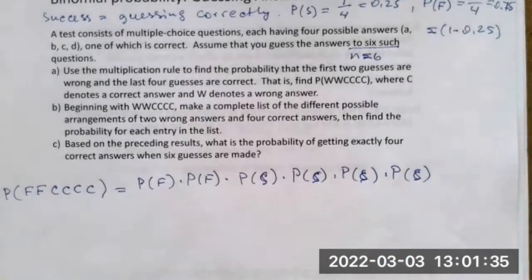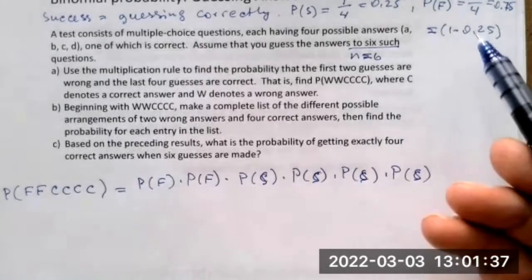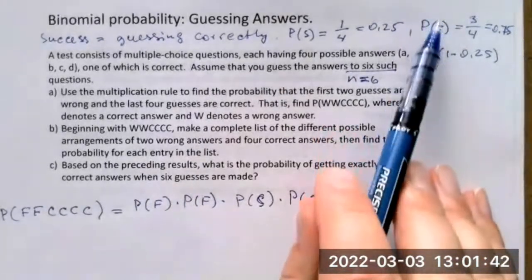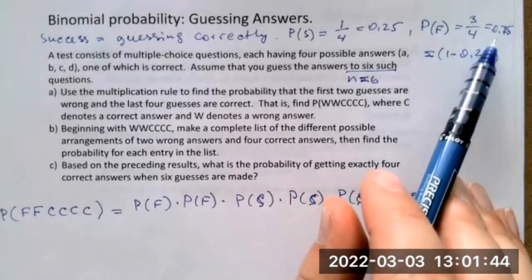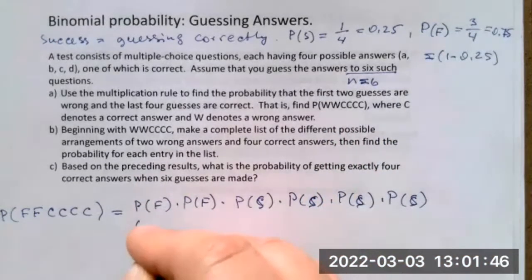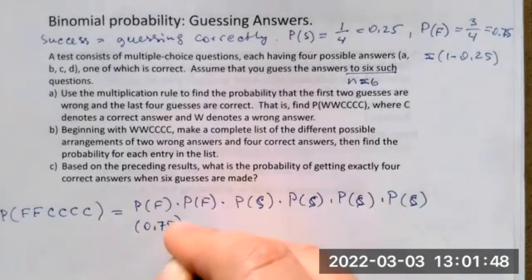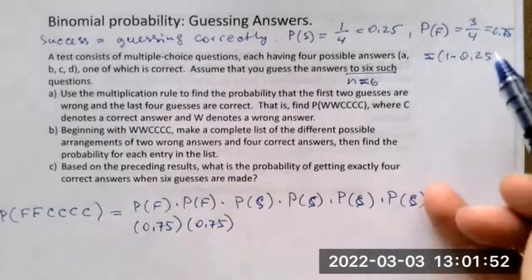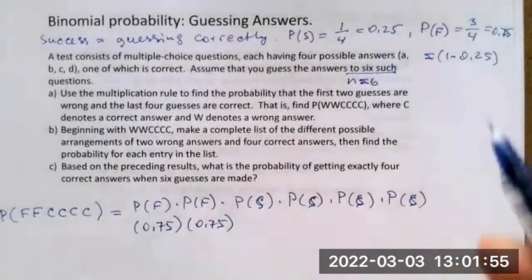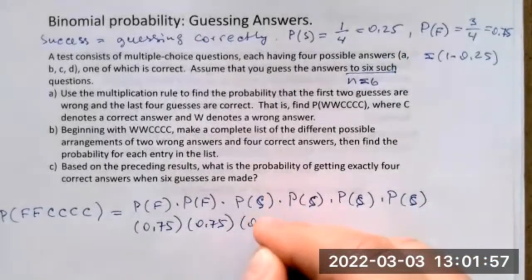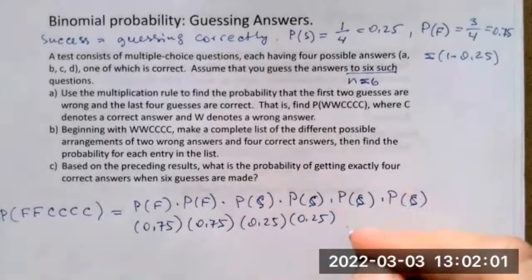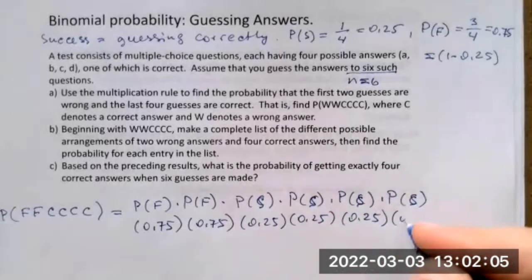Okay, so we already know that the probability of failure for one guess is 0.75. So it's going to be 0.75 and 0.75. And the probability of success is 0.25. So it's going to be 0.25, 0.25, 4 times, right?